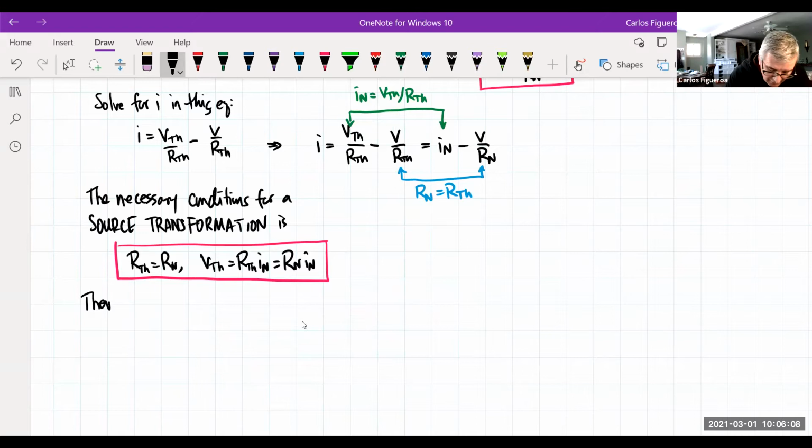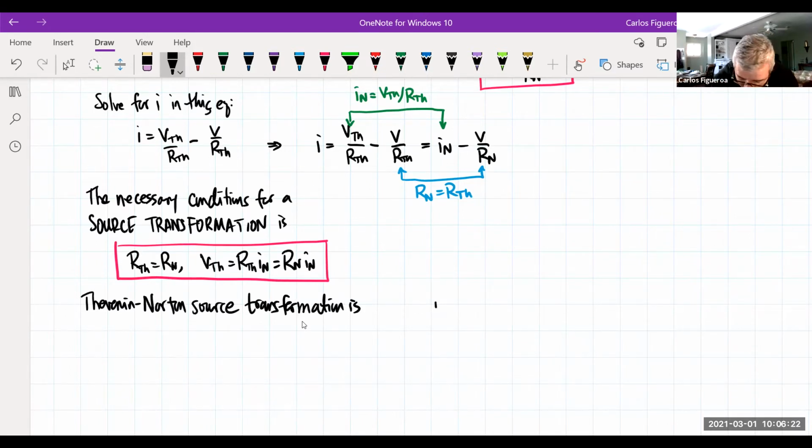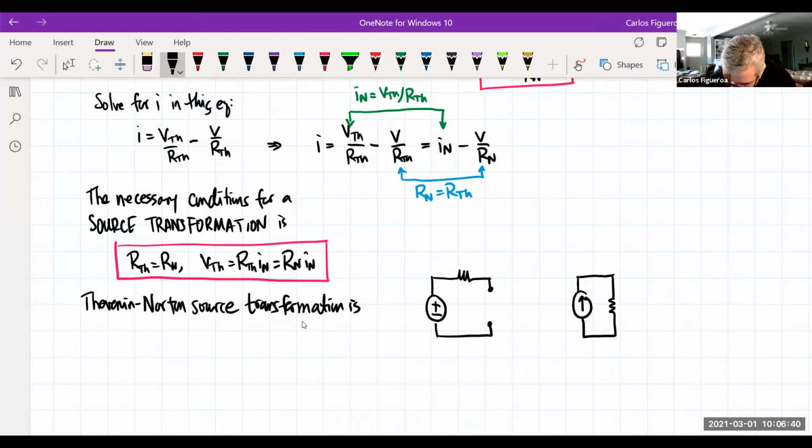A Thevenin-Norton source transformation is this: if I have a resistor and a voltage source in series, and if I have a current source with a resistor in parallel, where this is value VTH, RTH, and this is IN, and this is Rn, these two are equivalent to each other.